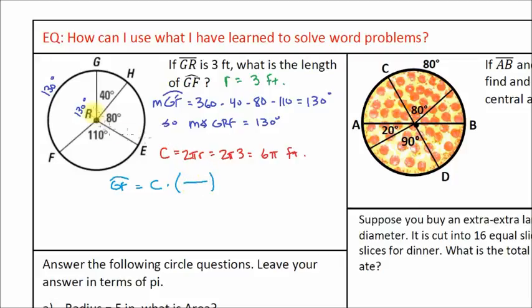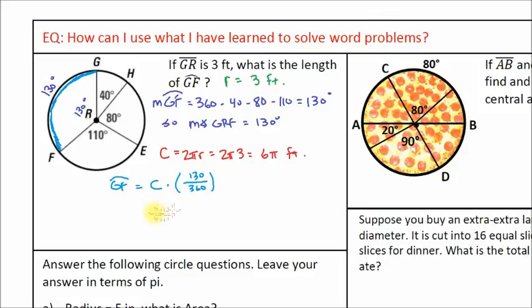Well, think about this. We just want 130 degrees out of 360. And that'll give us just this piece. I'll highlight this so you see this. I just want to know how far it is from G to F.